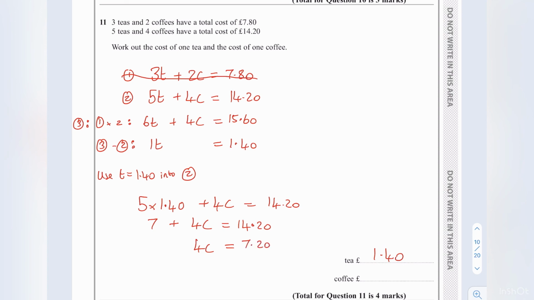So now I need to divide both sides by 4. This is a tricky calculation, so I'm going to use my bus stop method for this. 4s into 7 go once, with a remainder of 3. 4s into 32 go 8 times, and then 4s into 0, 0. So therefore my coffee must be £1.80.